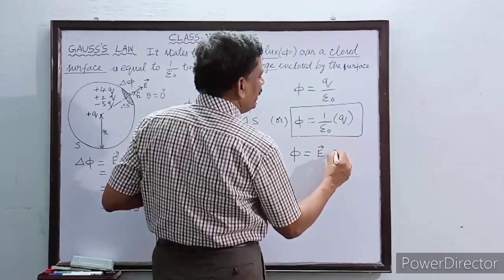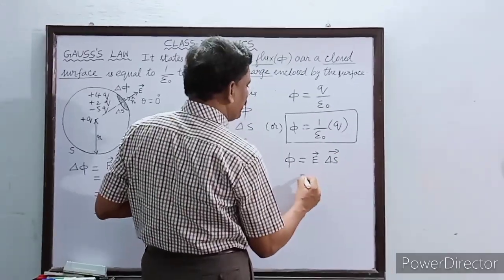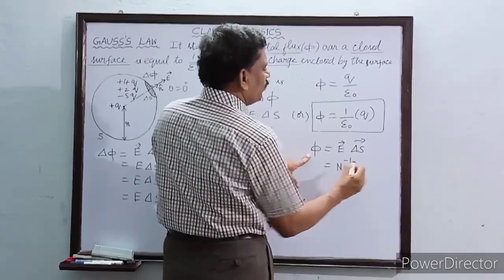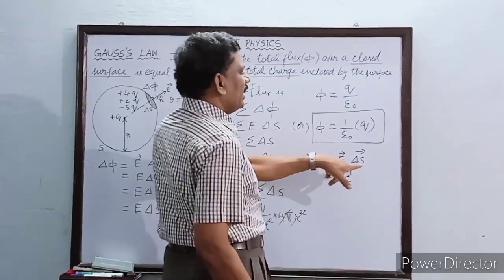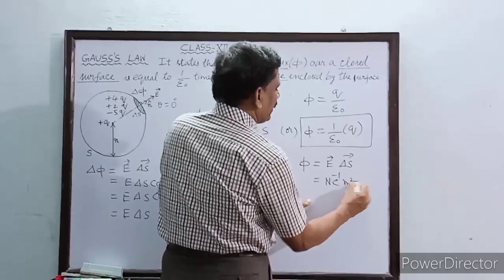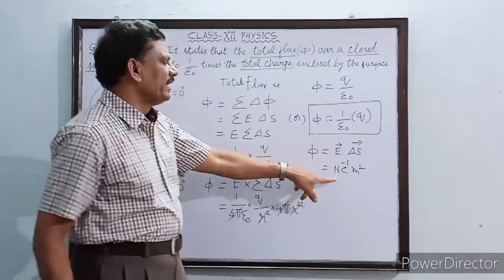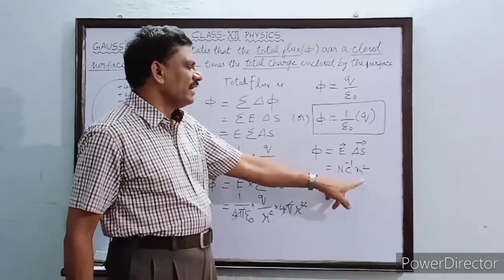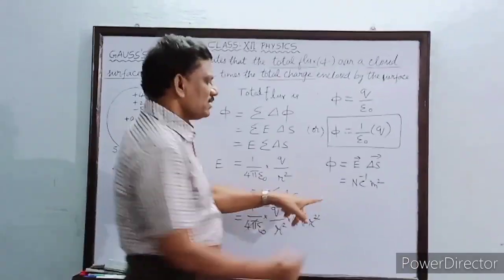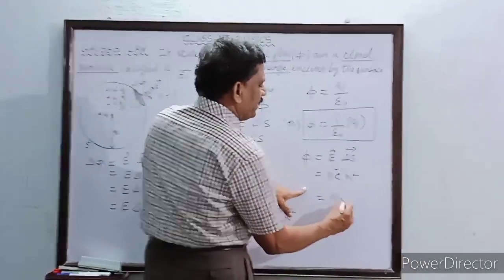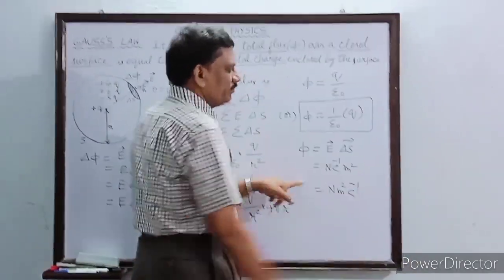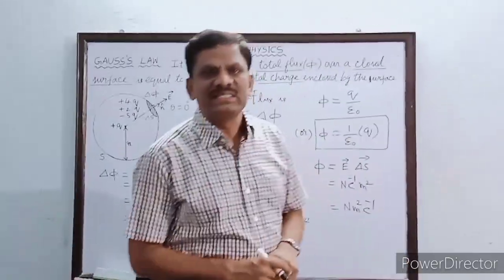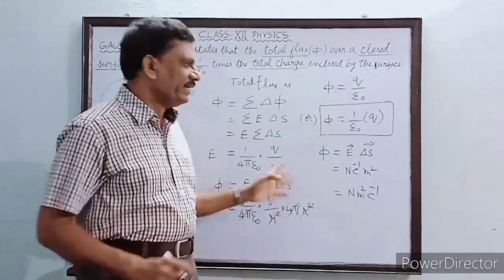Electric field is in Newton per coulomb and area is in meter square. So the unit is Newton meter square per coulomb. Have you all understood? Now the next topic is applications of Gauss law, which we will be seeing later.